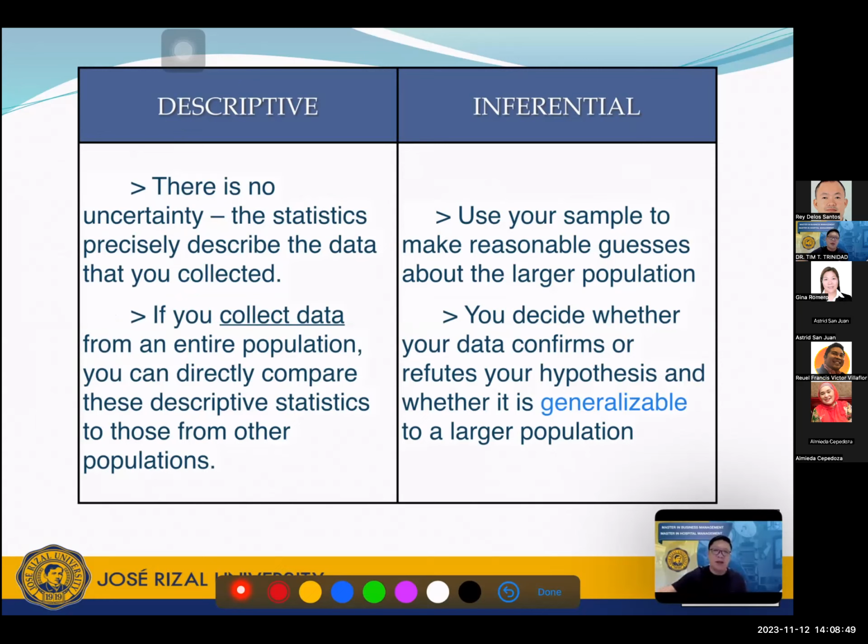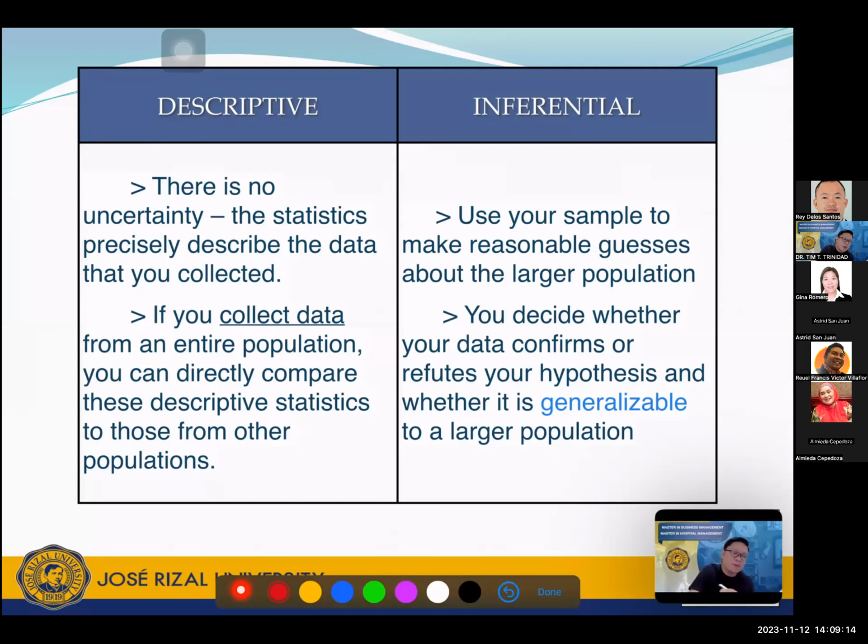You don't do that in a descriptive type of statistics. When you start asking relationship, that becomes an inferential. But in a descriptive statistics, you just have to present your data. Kung ano yung nakita natin, yun na yung magiging result. There's no question whether it is significant or not.